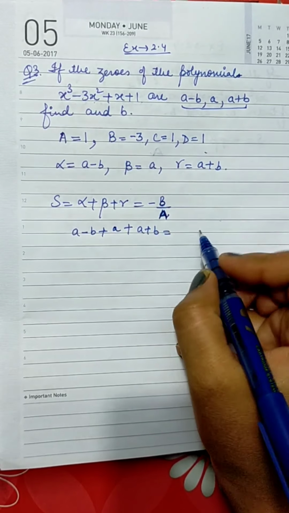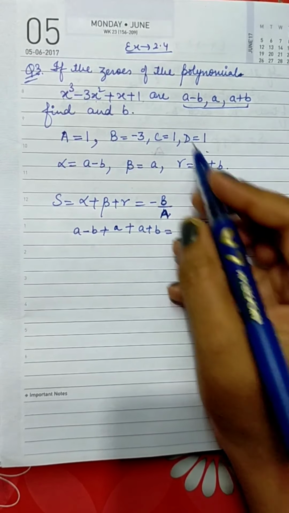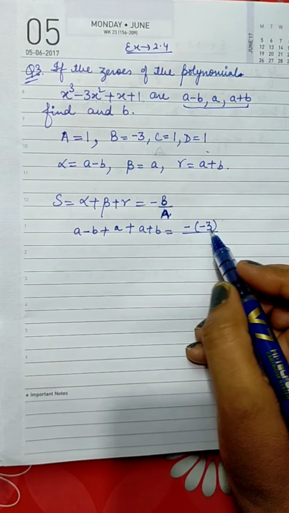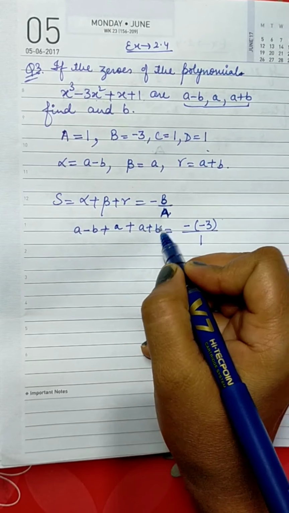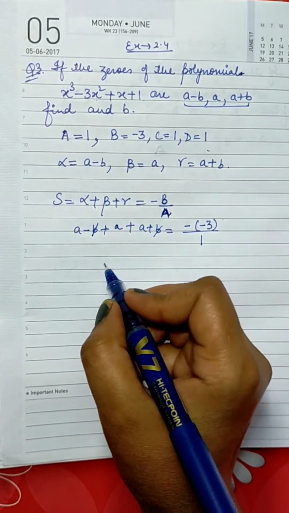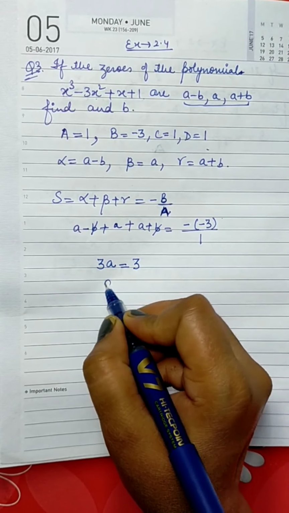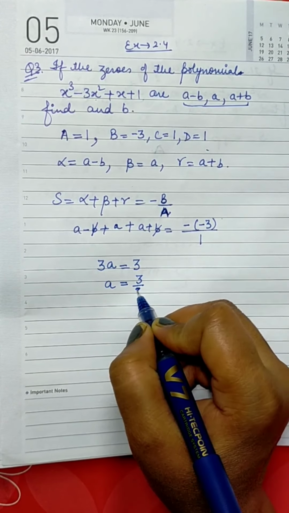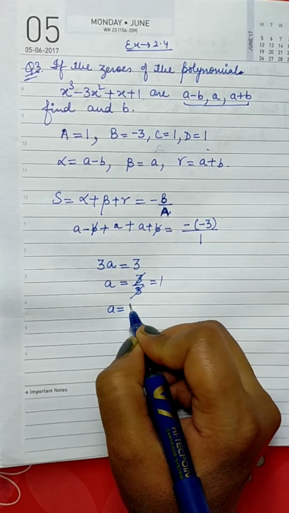So B is minus 3 in the formula, another minus is there with the coefficient, over A which is 1. So here b gets cancelled, you are left with 3a, and here it is 3. So what is the value of a? 3 by 3, that gives 1. So a is equal to 1.